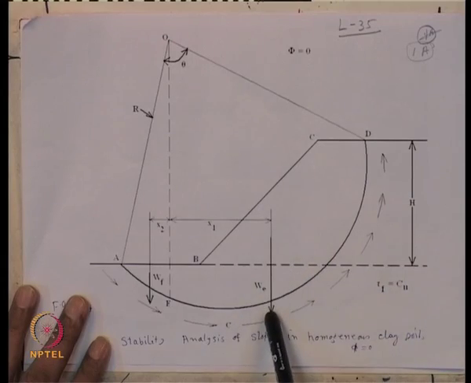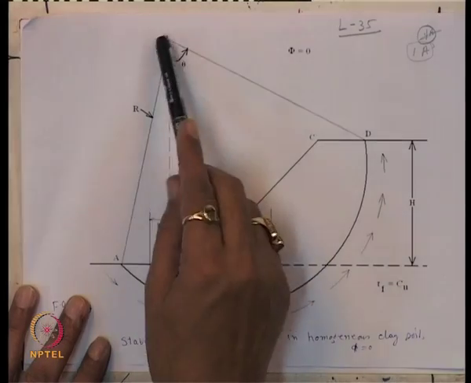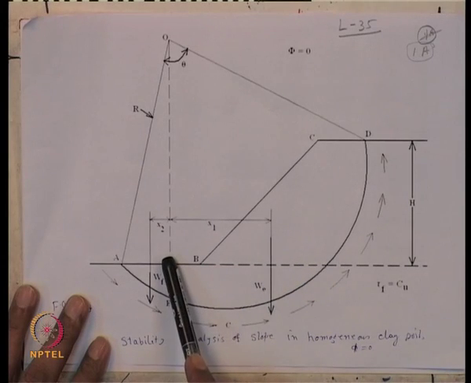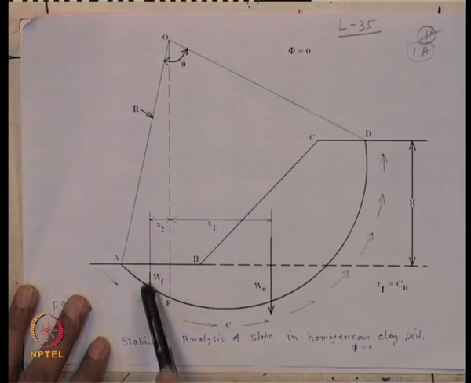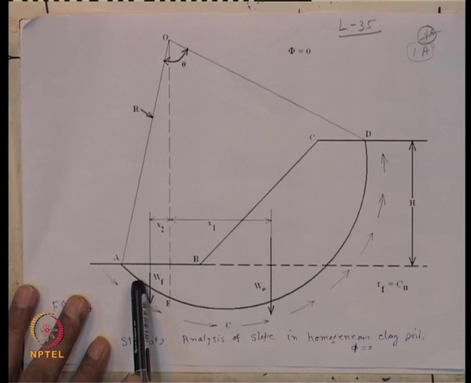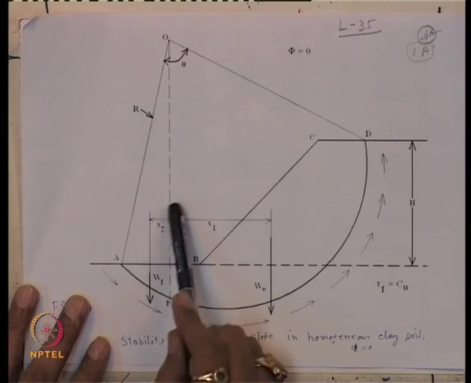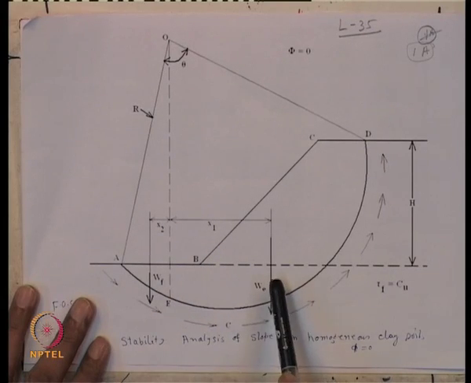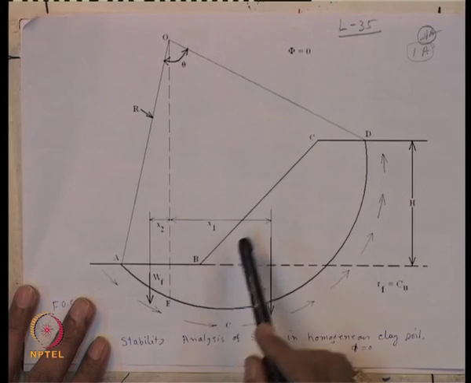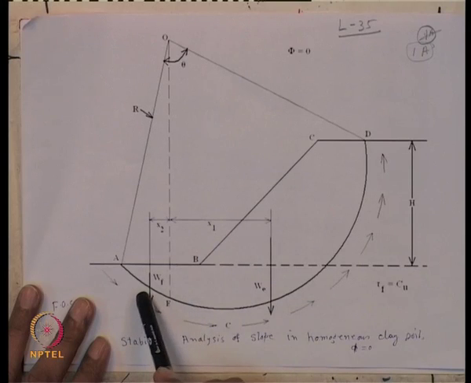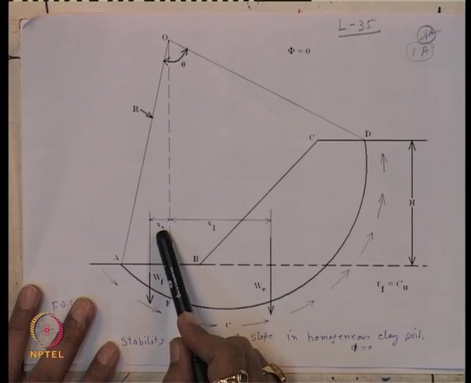Taking a moment about O, WE into x1 minus this is the weight of the foundation here, WF into x2, because it is lying on the left hand side of the central line. So, we can write that driving moment will be equal to WE into x1 minus WF into x2.